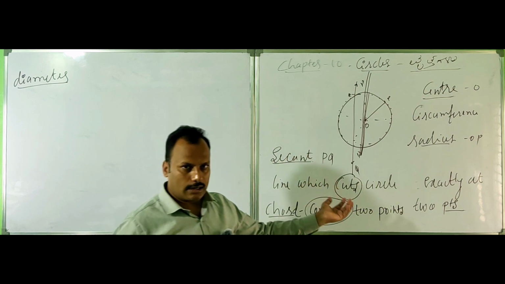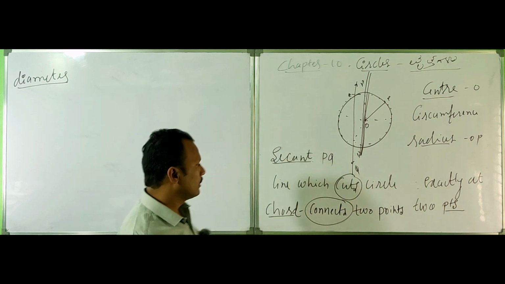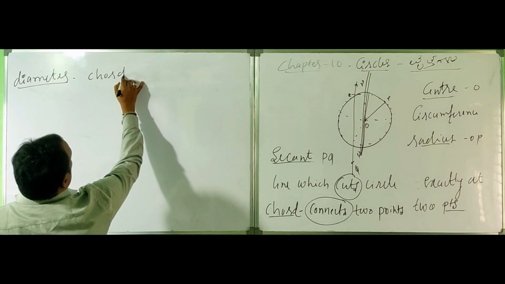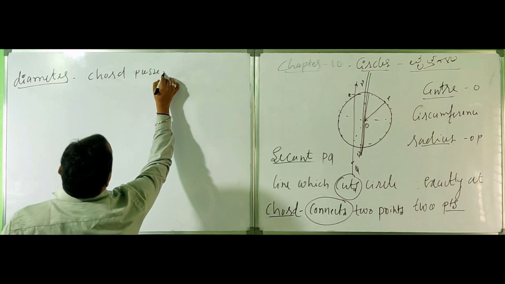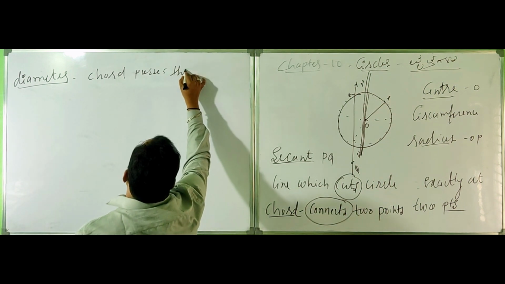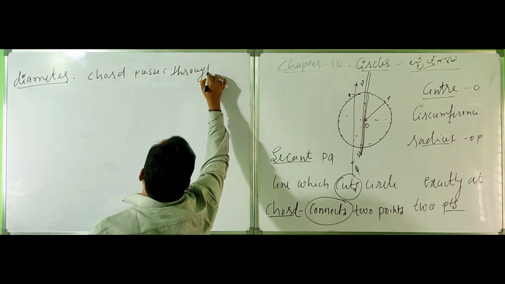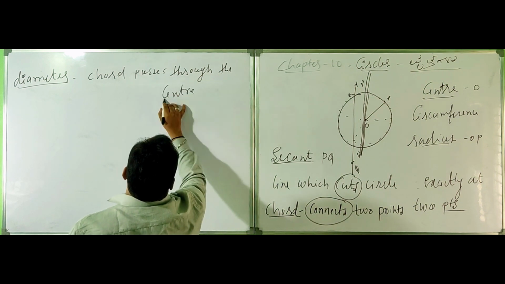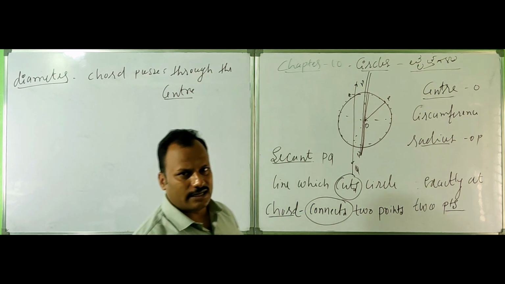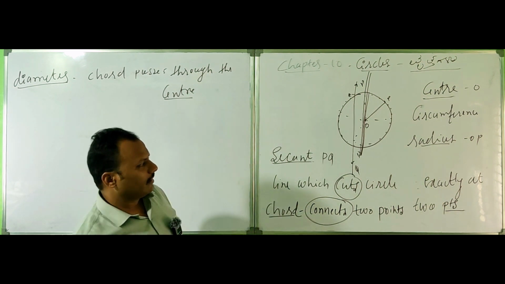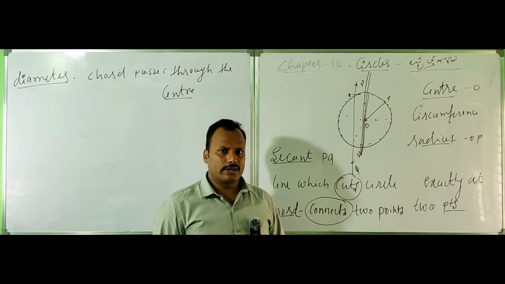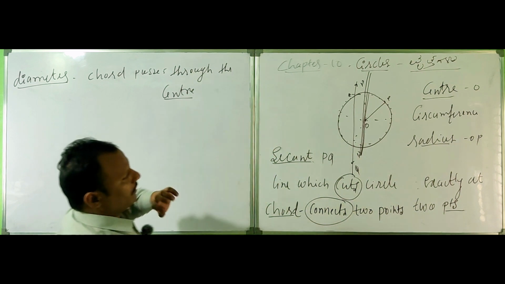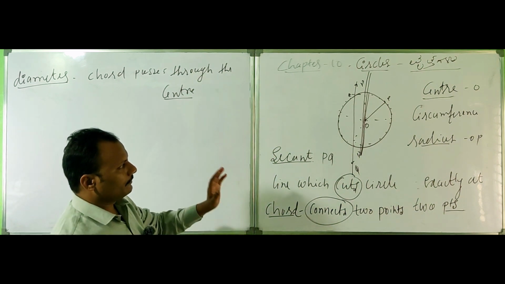The chord that passes through the center is also called diameter. Okay, see, diameter is 2 times the radius. That is for calculation purposes, but understanding the technical terms, the basic meaning, you can make some complex questions easy, right? Diameter. Then secant is over.